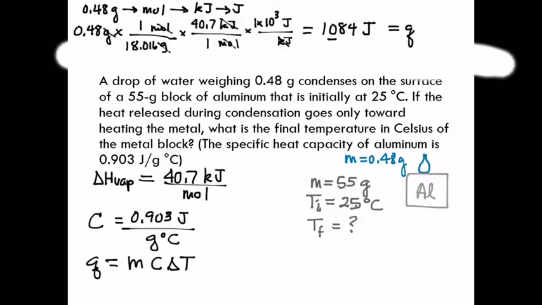So I want to rearrange this equation and get delta T by itself. So I'll divide by M and C. So M and C cancel out here. So delta T equals Q over MC.